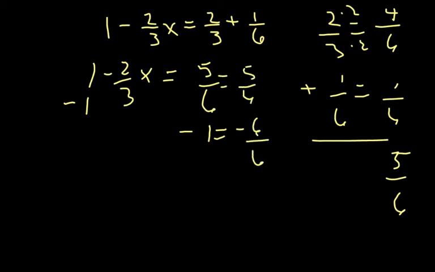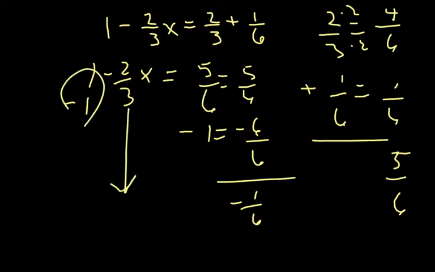This is still 5/6. So the result here would be a negative 1/6. And this is a 0 pair. So I'm going to bring this on down here. Negative 2/3 x equals negative 1/6.